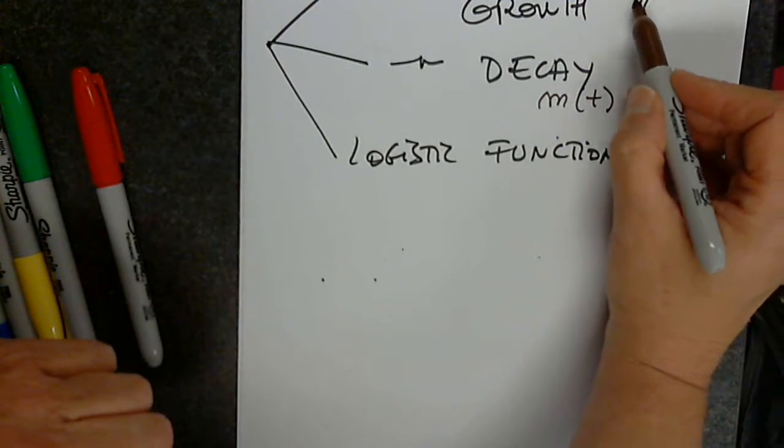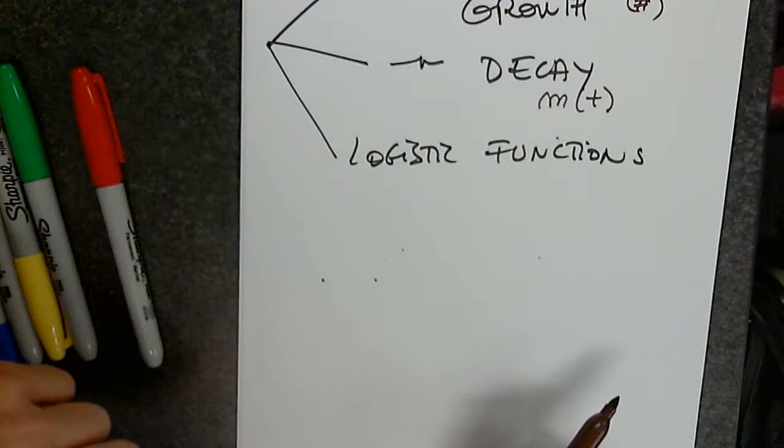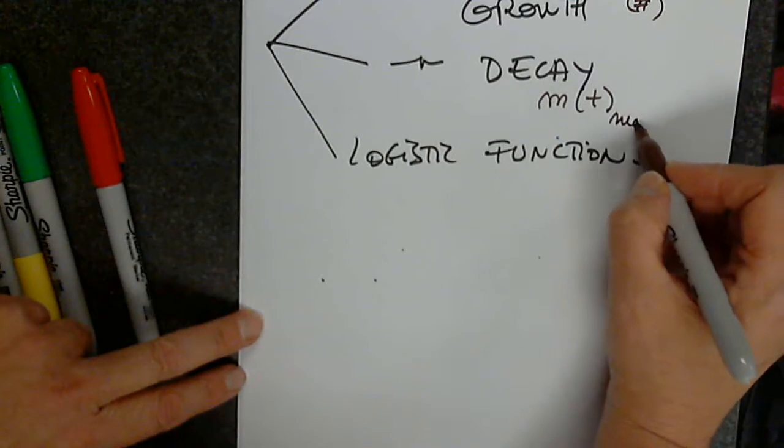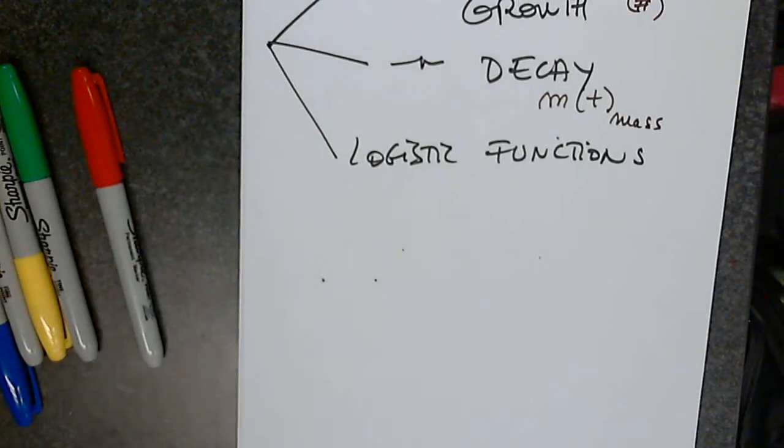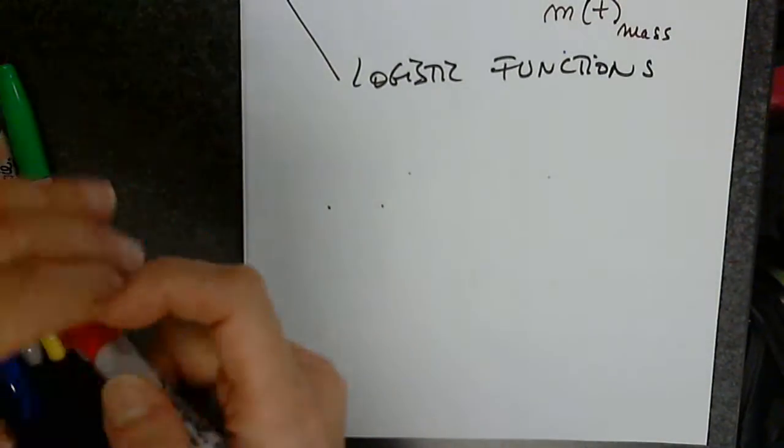So this is number, counting, and this is mass. The two equations will be very similar, but one of them will have a positive power. The other one will have a negative power. So here are the equations.